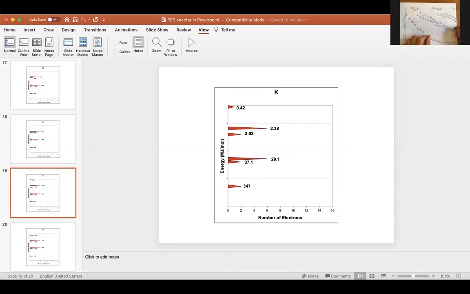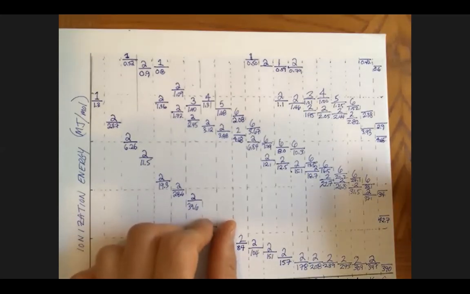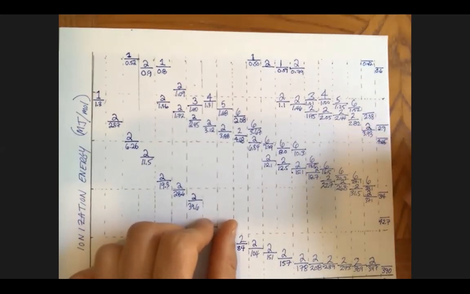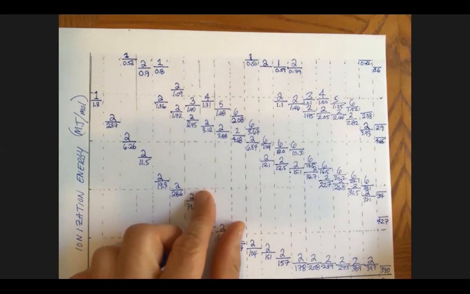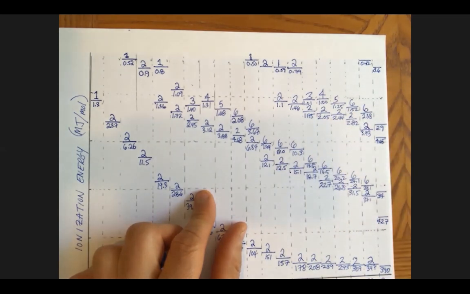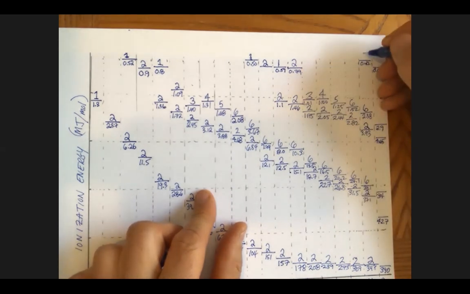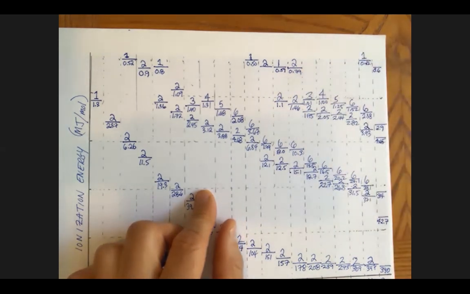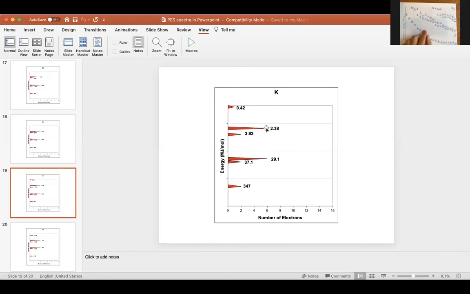Yeah. 6. 3.93 goes up to 2. The 2.38 goes up to 6. And then finally, the top peak, the 0.42, only has 1 electron. So this 2.38 represents 6 electrons, and the 0.42 only goes across to 1 electron, right? Correct. Okay. Cool.